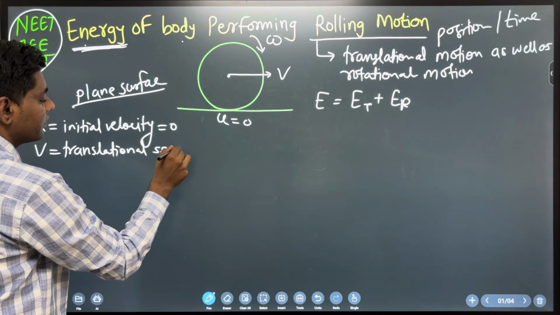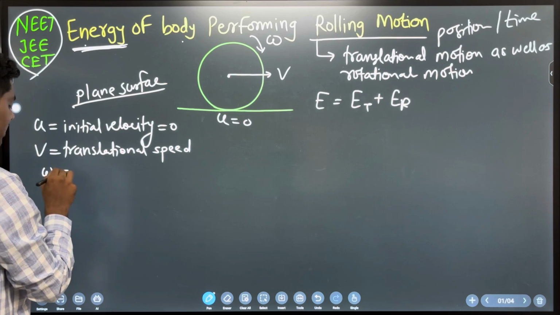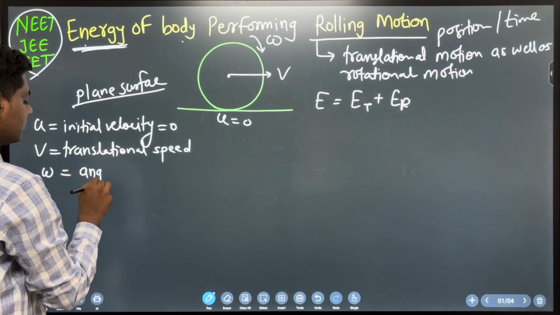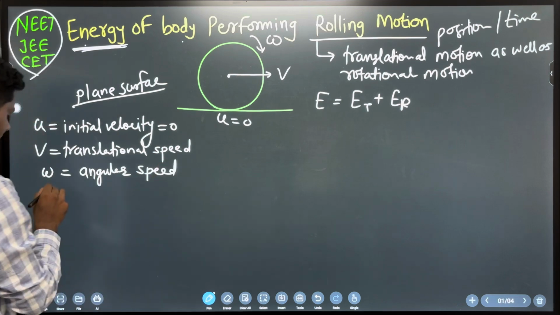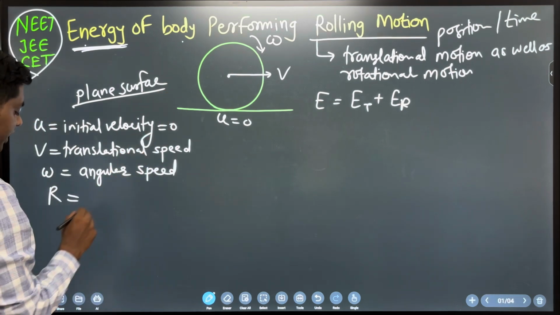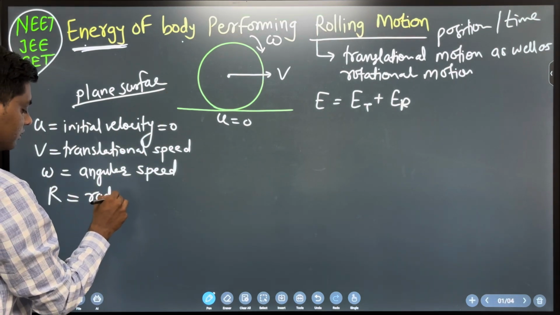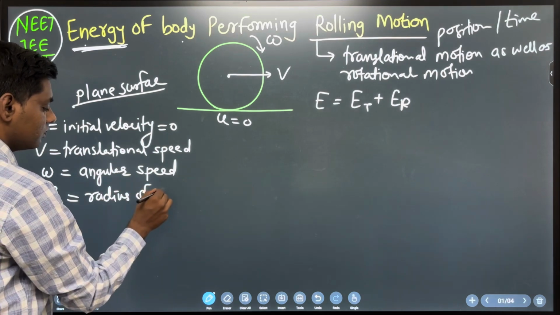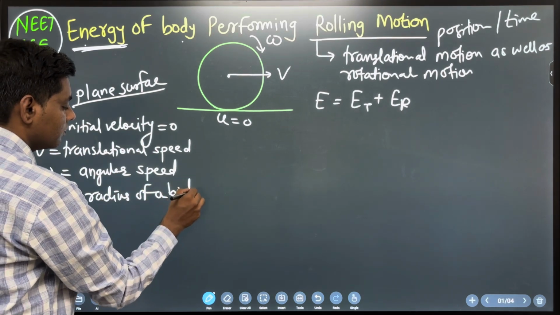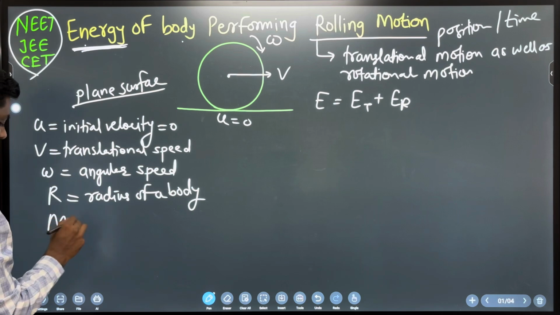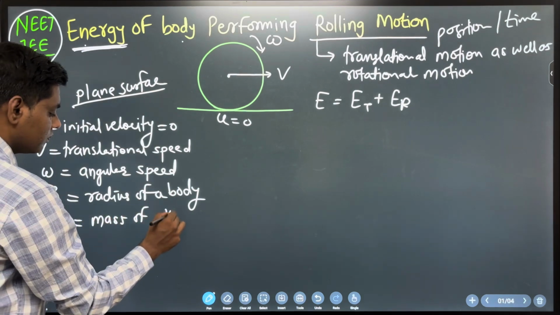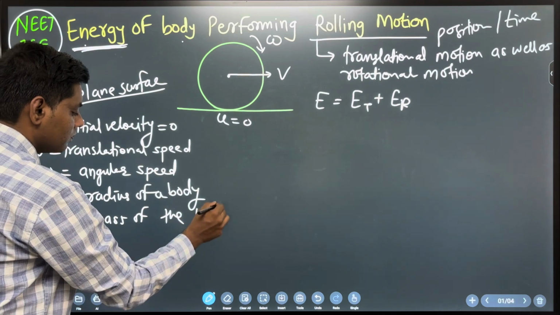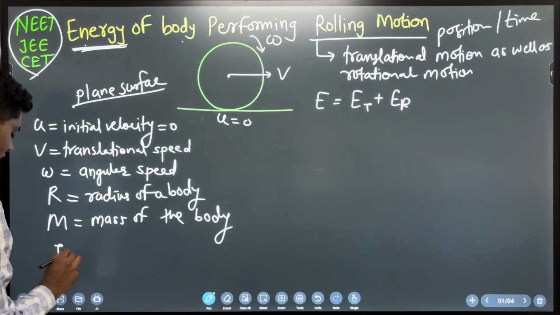Then omega be the angular speed, r be the radius of that body, m be the mass of the body, and I be the moment of inertia of the body.